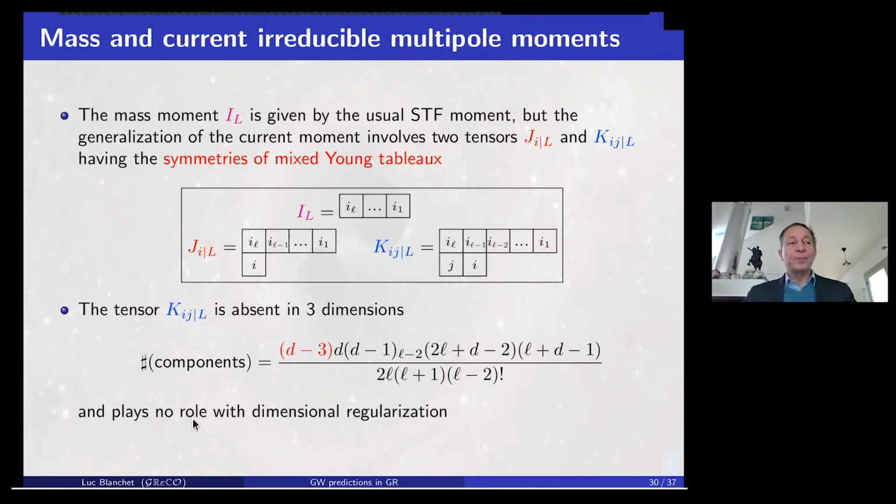So when we do our calculation with dimensional regularization, we can safely ignore this more complicated contribution. Notice that it is 0 in 3 dimensions because it has no components in 3 dimensions. This is like the Weyl tensor in 3 dimensions. The Weyl tensor in 3 dimensions has 0 components, as you know, and therefore does not exist at all in 3 dimensions.